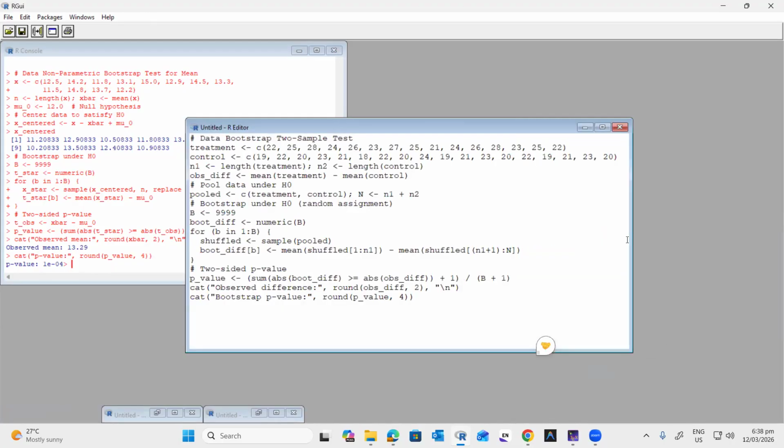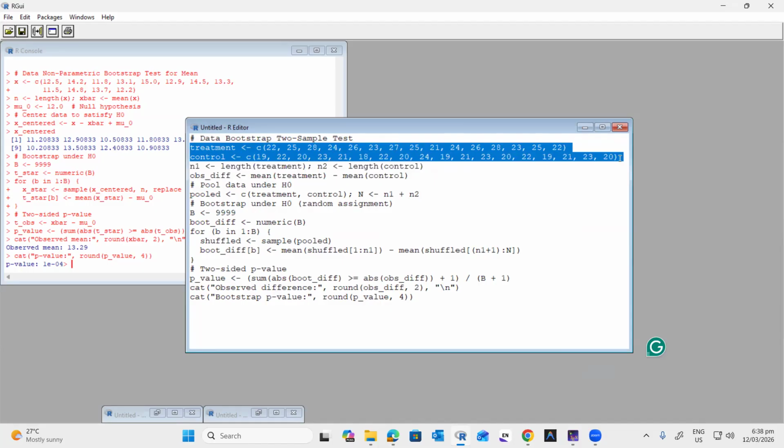Suppose we have two sets of observations. In treatment and control, these two vectors hold the observations. In treatment we have 15 observations, and in control we have 18 observations. These represent measurements from two groups, for example a treatment group and a control group in an experiment.